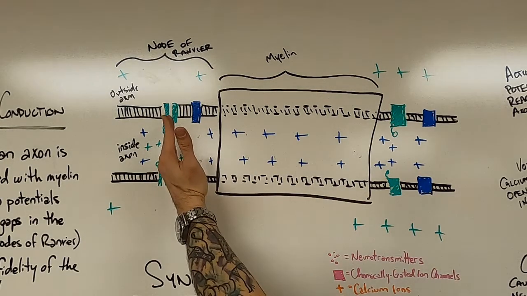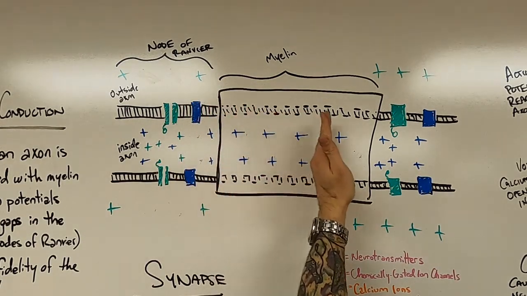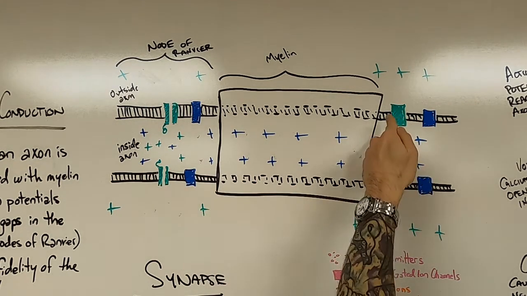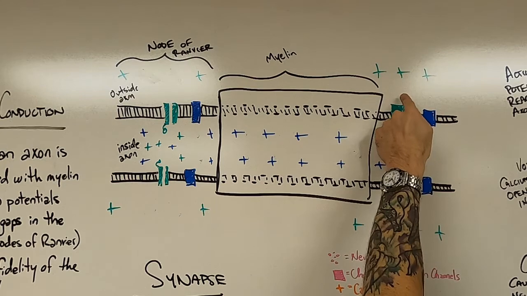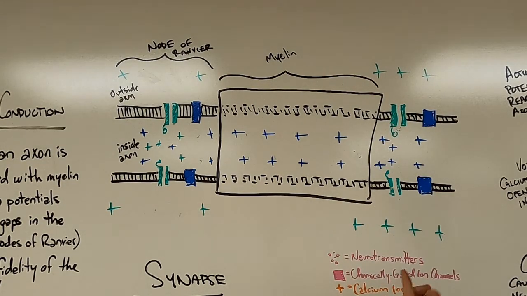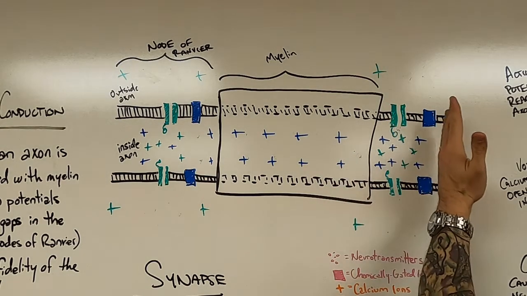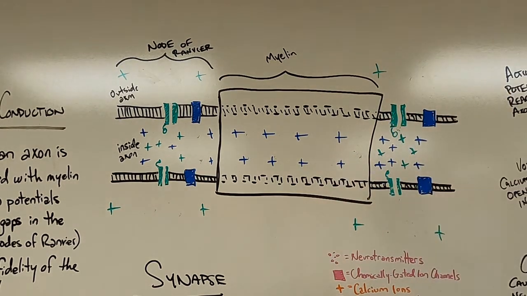And so here, all of the positive potassium ions have been pushed because of the positive sodium ions coming in, which would cause these sodium ion channels to open, which would then let sodium in. And these sodium ions would then push potassium ions through the next myelinated section, and so on.